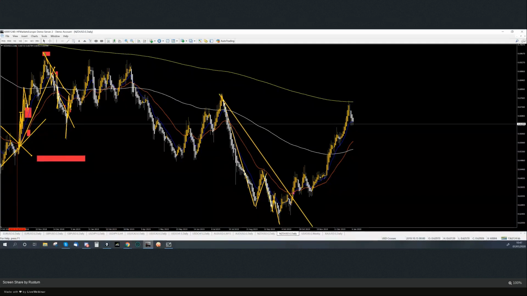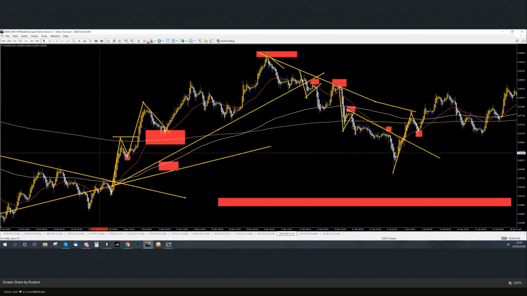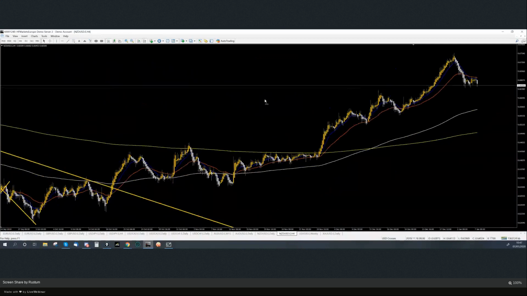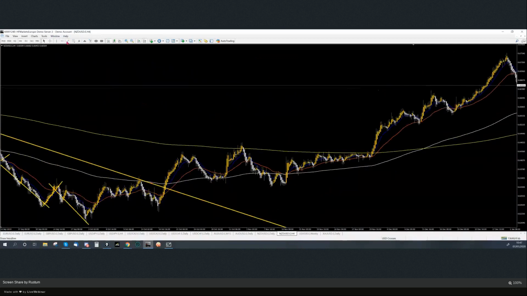It's broken there. So as soon as that happens, you're dropping down to the 4 hourly chart. And you are looking for the first break and pullback. In this case, it breaks and it pulls back to the 12 period moving average. This is the one that I don't like.